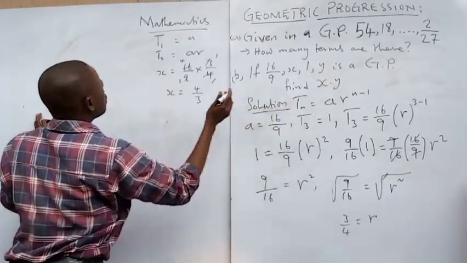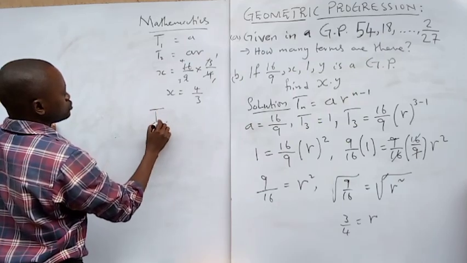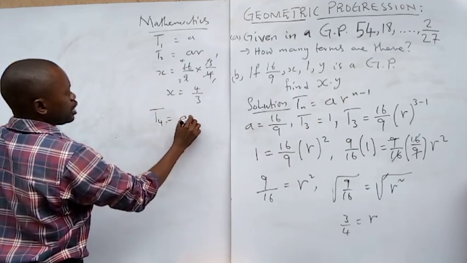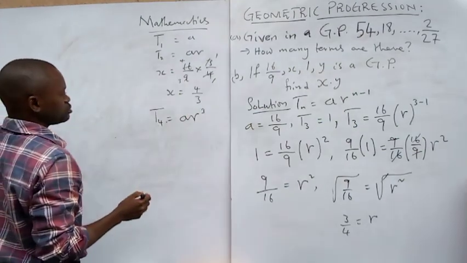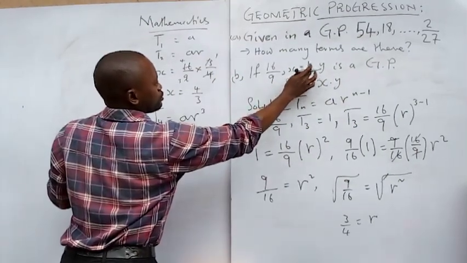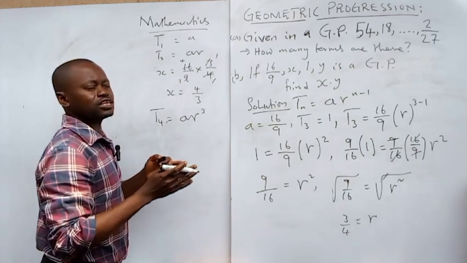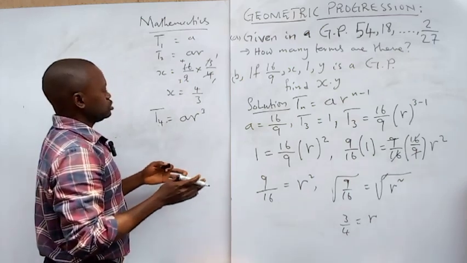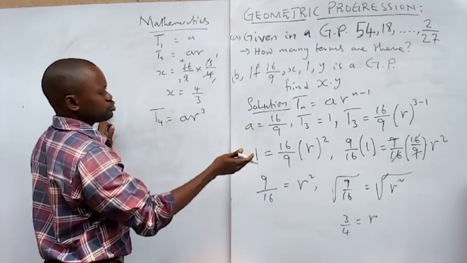Now what about the value of y? That's T4. And you know that T4 will be AR raised to power 3. Alternatively, because it's a geometric progression, it is going by a constant product, so you can say 1 times whatever the common ratio is.